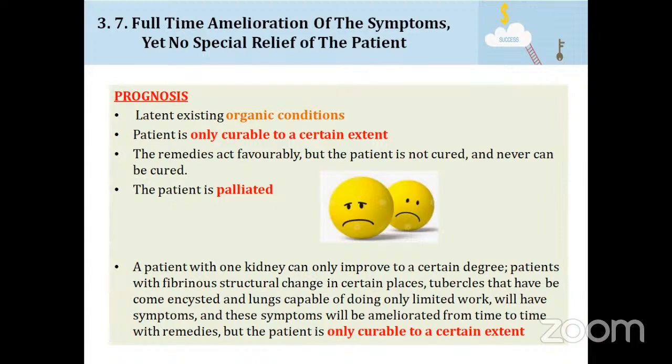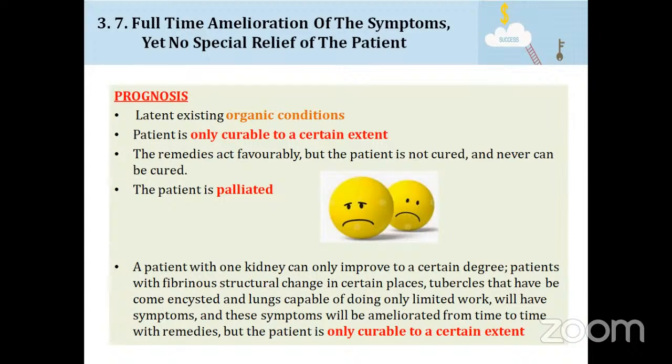The Kent observation that is relating is the seventh observation, full-time amelioration of the symptoms, yet there is no special relief of the patient. So he is telling that a patient with one kidney can only improve to a certain degree. A patient with fibrinous structural changes in certain places, tubercles that have become encysted, and lungs capable of doing only limited work will have symptoms. And what can we do when they all have such symptoms?